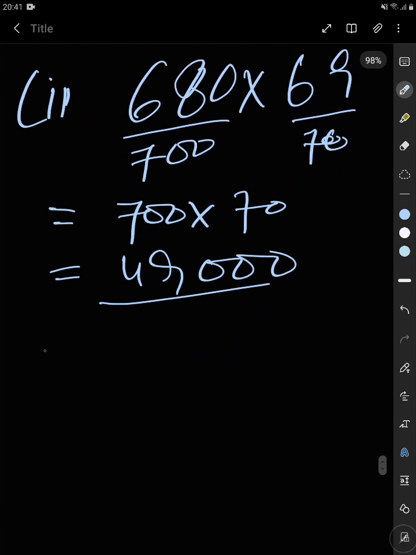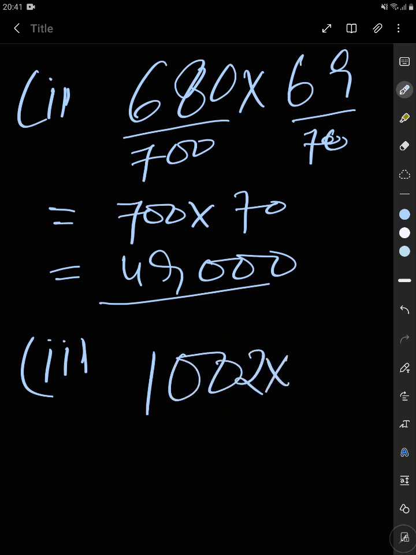Let's take a few more examples here. Let's take this second example. Let's take higher numbers. Let's take 1002 multiplied by 4634. This is a random number, 4634.